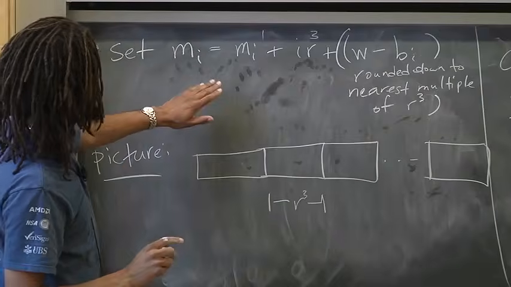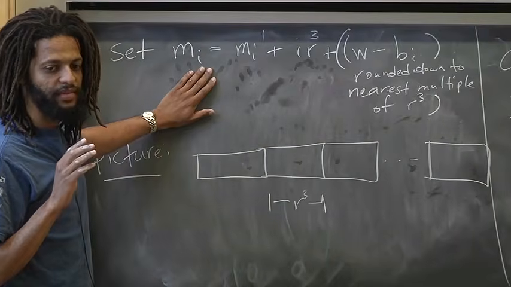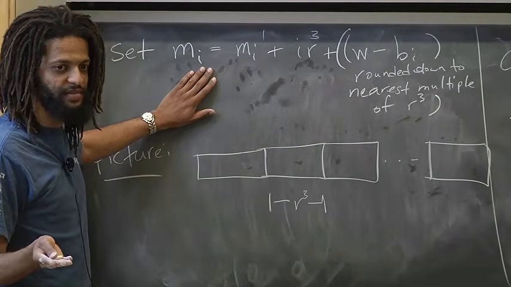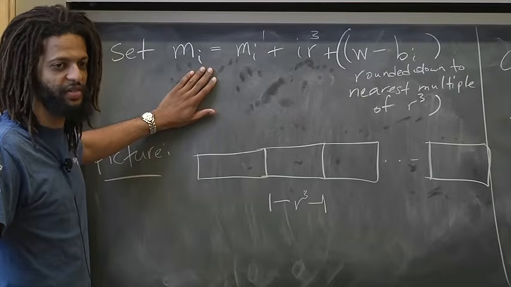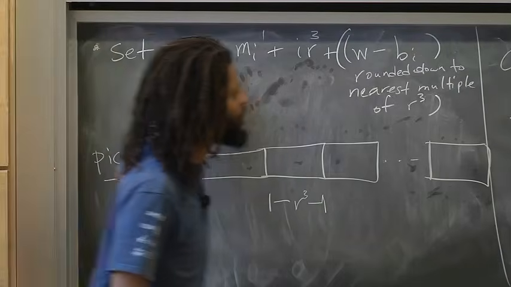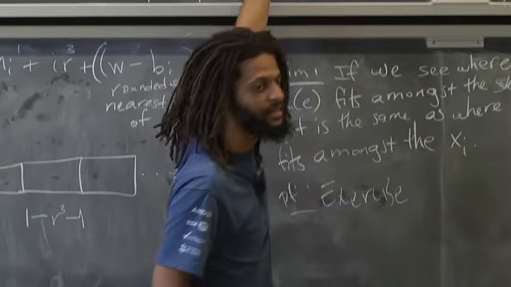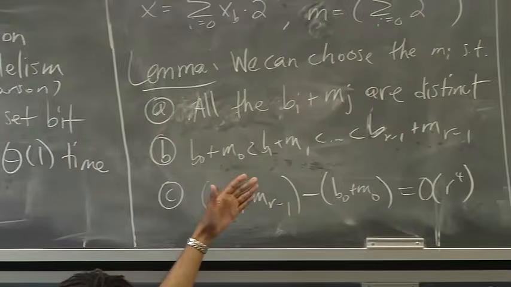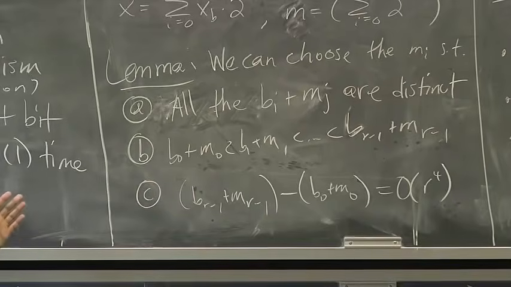And that means that bi plus mj mod r cubed is different. So in particular, bi plus mj are different. So that's why we satisfy property A. They're distinct even mod r cubed, so they are distinct.